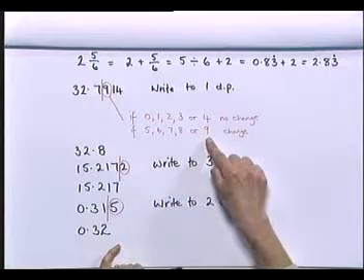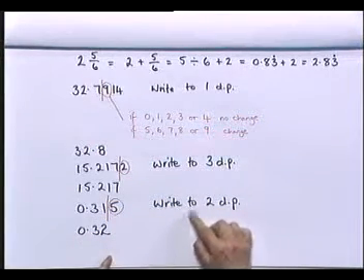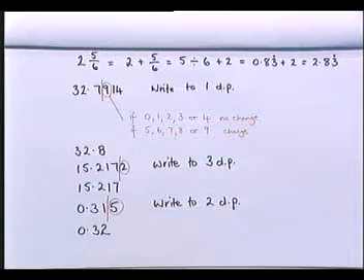But we have a mathematical convention, and what we say is that if it's a 5, it goes up. Because if there are any other digits, it will go up anyway, so we won't make an exception for when there aren't any other digits. We'll stick to one rule. If it's a 5 or 6, 7, 8, 9, it affects this one. So to 2 decimal places, 0.315 is 0.32.